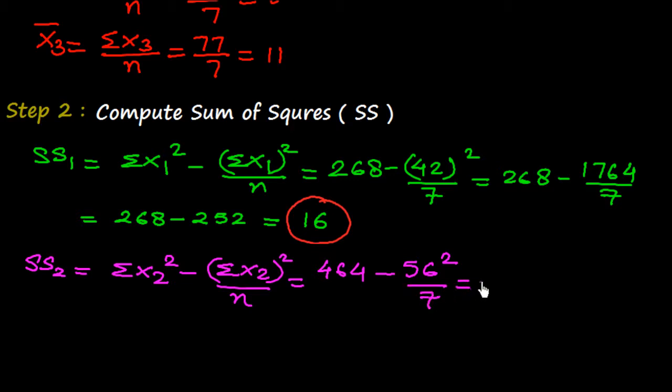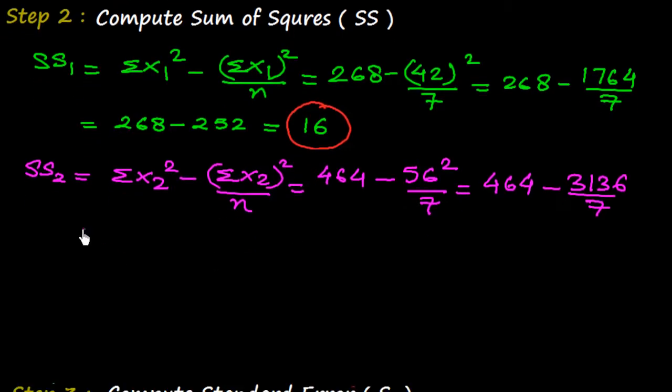So now we get here 464 minus the square of 56, which is 3136, over 7. I get here 464 minus 448. If we divide 3136 by 7, we get 448, and finally we get here 16. So we have got here 16, SS2.